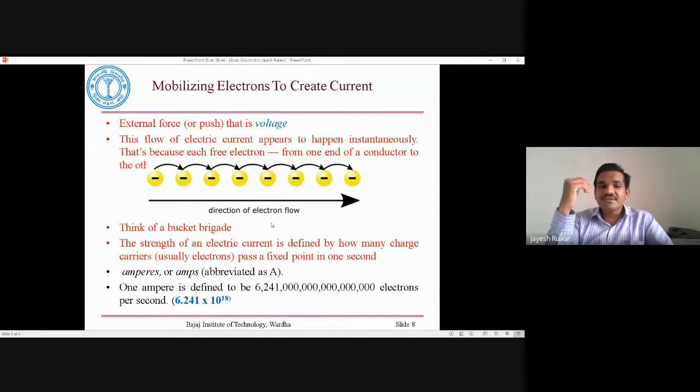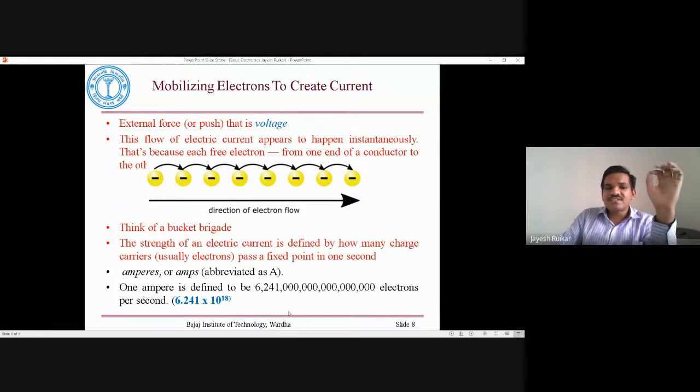So what is 1 ampere? Again I'm reading the definition: the strength of electric current is defined by how many charge carriers pass in 1 second. How many electrons are there? You can see this number.